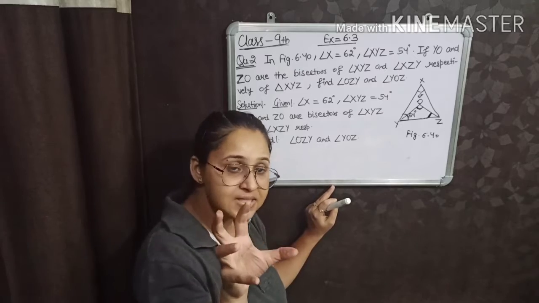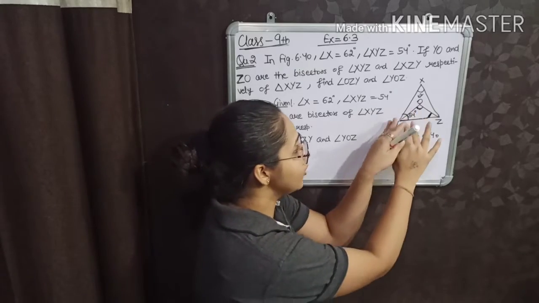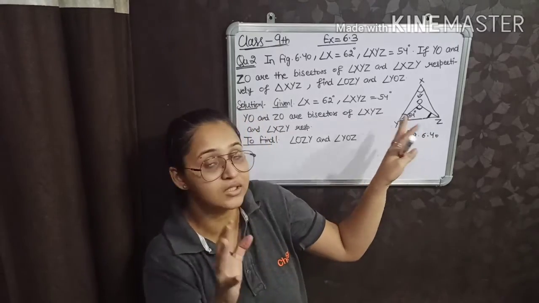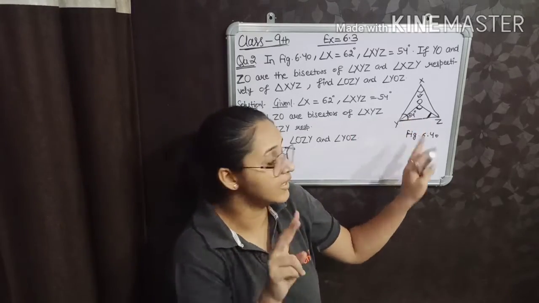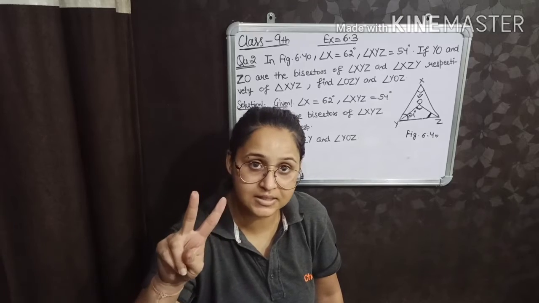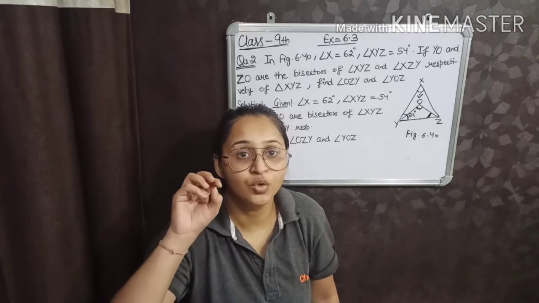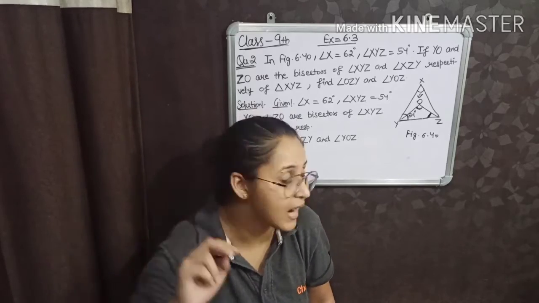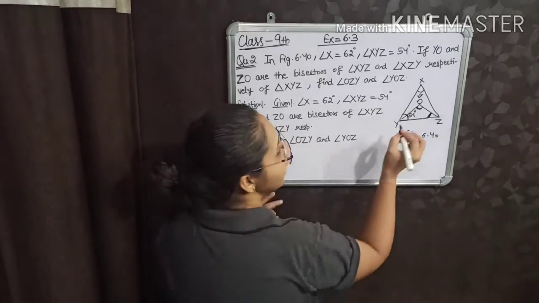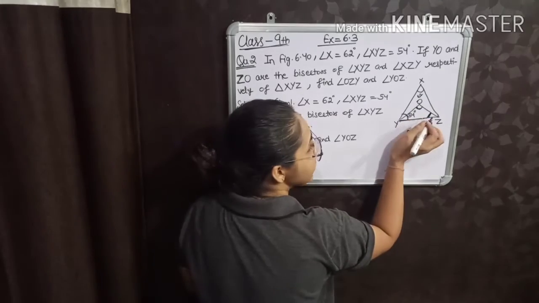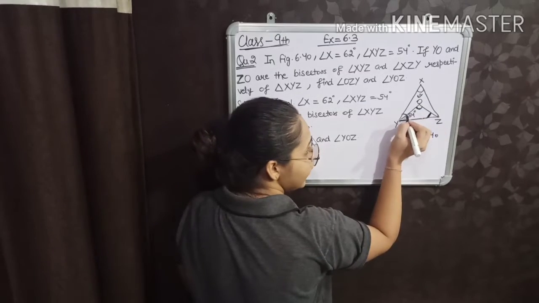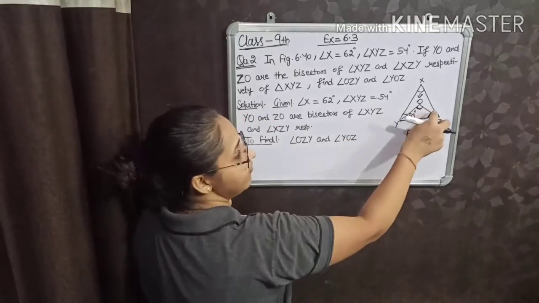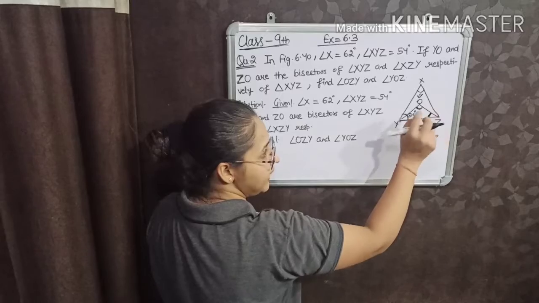It means this YO ray or this YO line is cutting this angle into two equal parts. Bisecting means you are dividing the angle into two equal parts. So I can write angle OYZ, this small angle of triangle OYZ, but first I will find this complete angle.